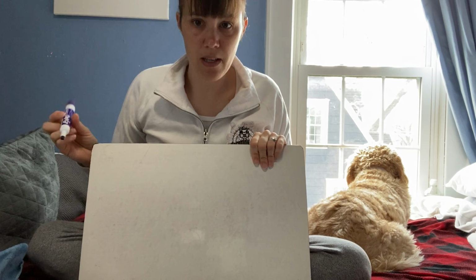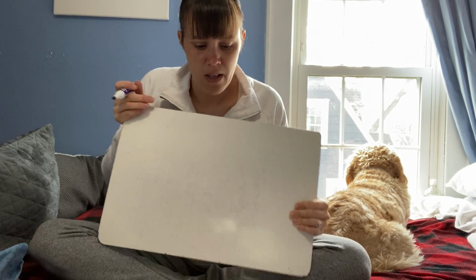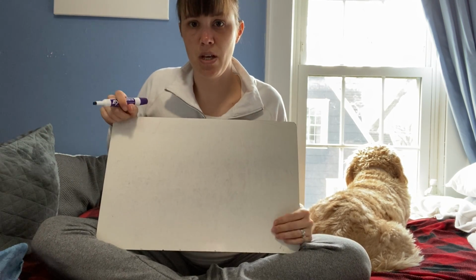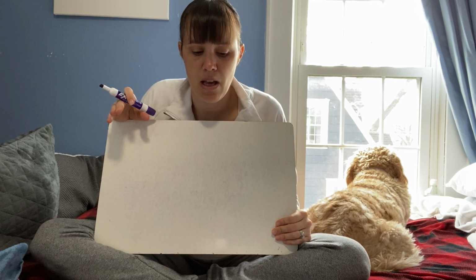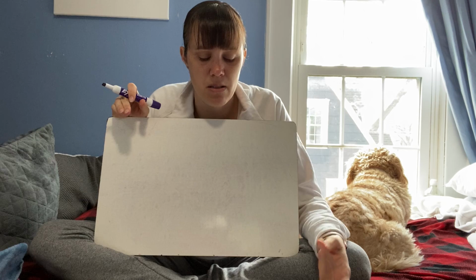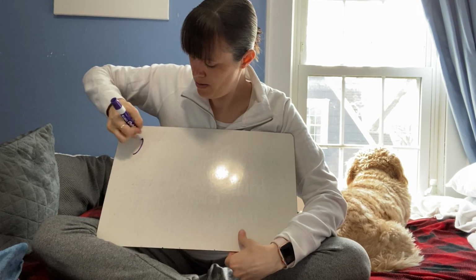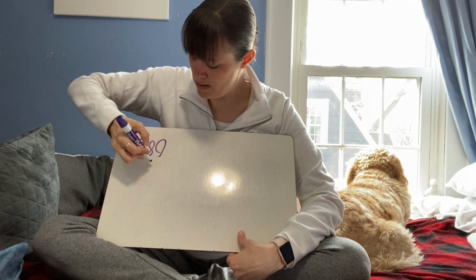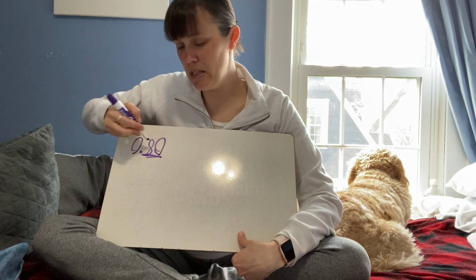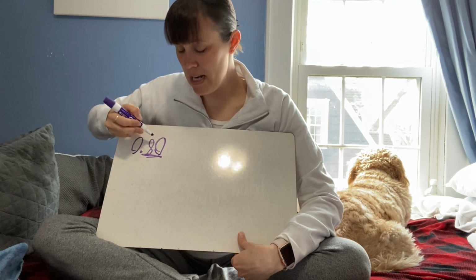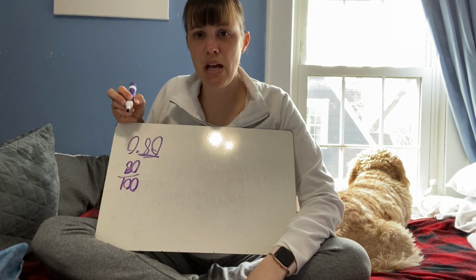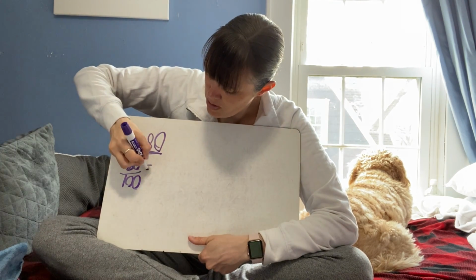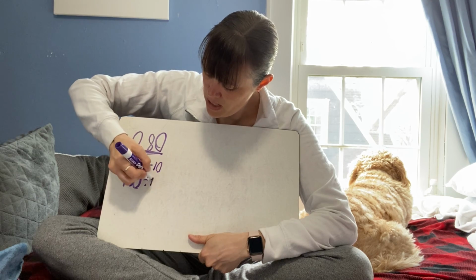Okay, so D, I love D. D shows us 80 hundredths. Why am I saying that? Because the line says tenths, but it shows us 0.80. This number is 80, right? It's 80 hundredths. So why are they saying we should do it in tenths? Well, because we can use our knowledge and know that we can divide this.